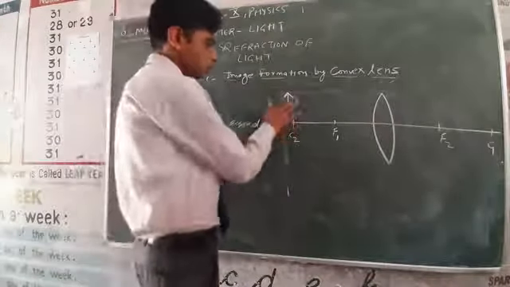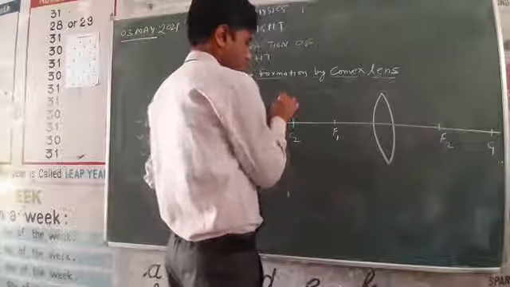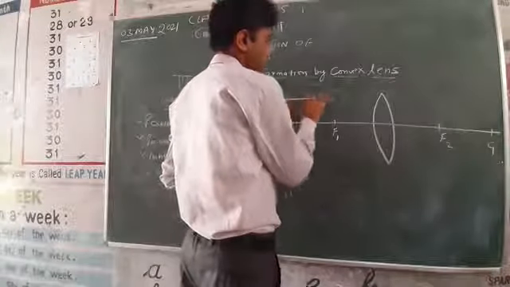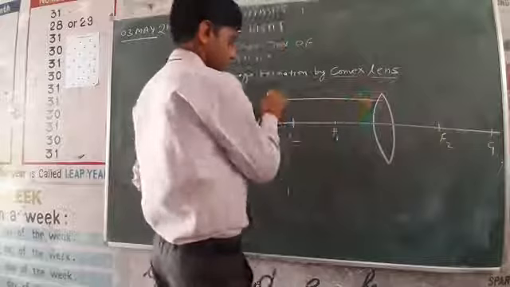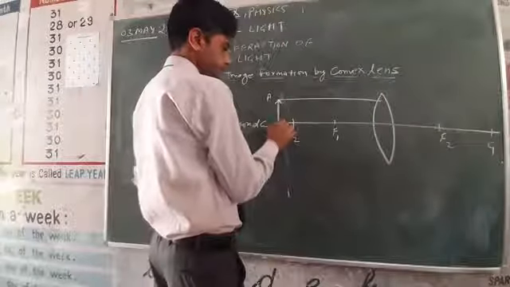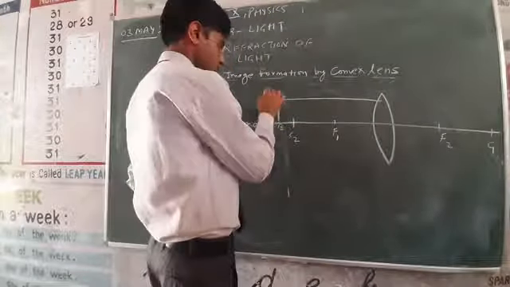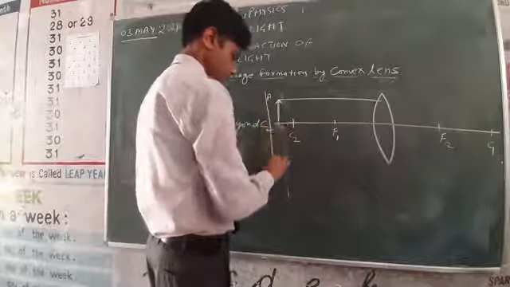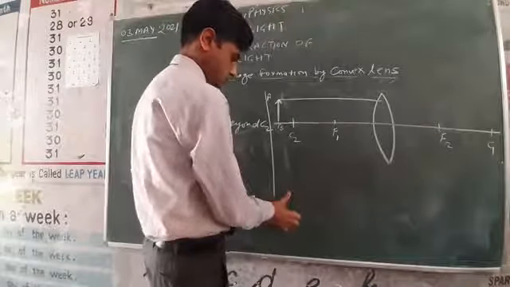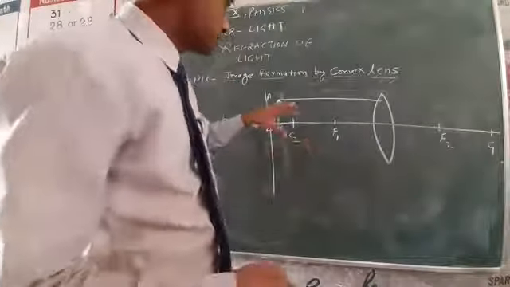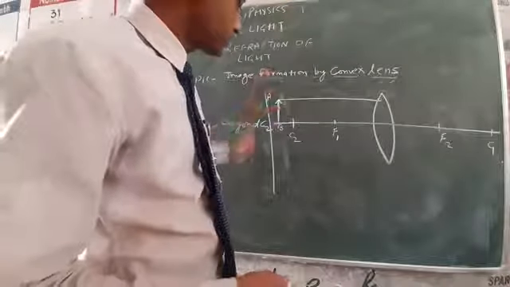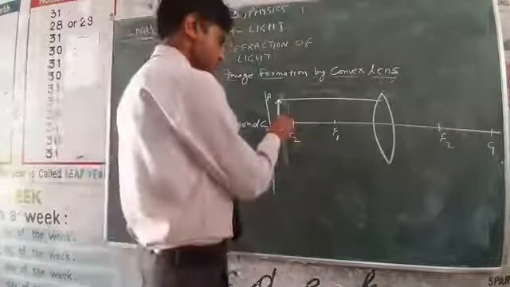Now, as you know, according to the rules of refraction, a ray of light travels from the top of the object. This is object AB, placed in front of the lens. These are rays of light starting from the top of the object.